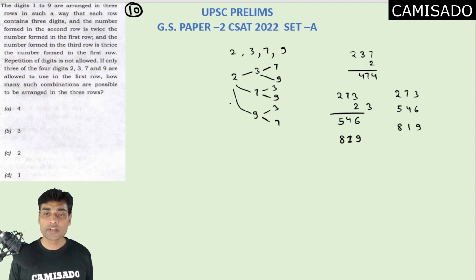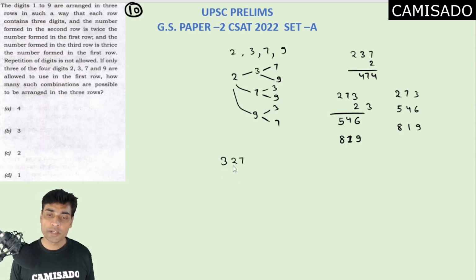Similarly we can check for different numbers, all the possible combinations are there, and with other combinations these values either have repetition or the third number will be greater than 1000, so it is not possible. Similarly we can go for other numbers. For 3 also we will start with this, then the same chain will be there, and the number which will qualify this condition is 327.